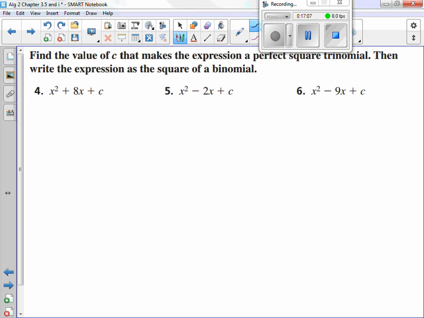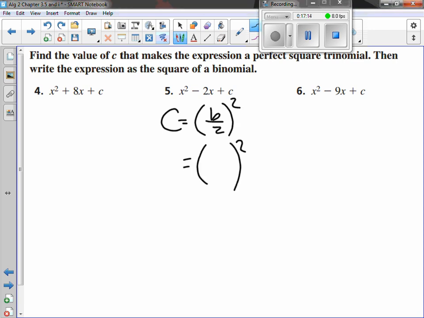C is equal to (b over 2) squared. Now, what's the value of b? What's negative 9 divided by 2? 4.5. That's not a nice number, is it? No. We like whole numbers. So if I want to, I can actually leave it as negative 9/2. I can leave it as this fraction.